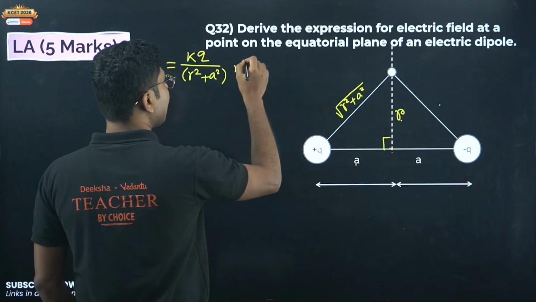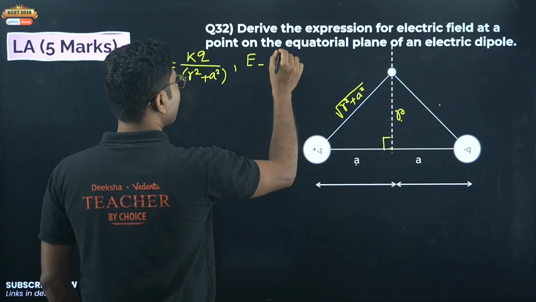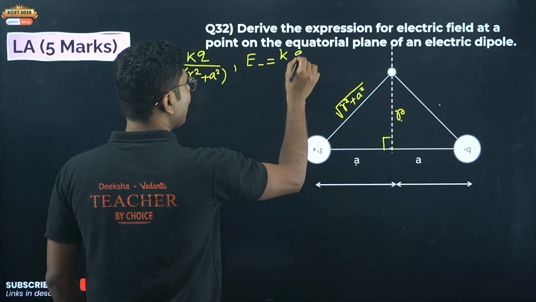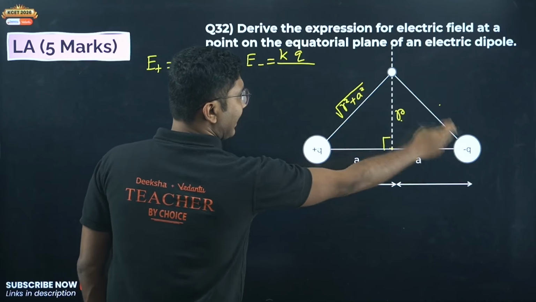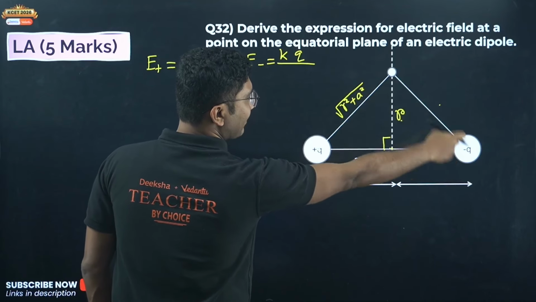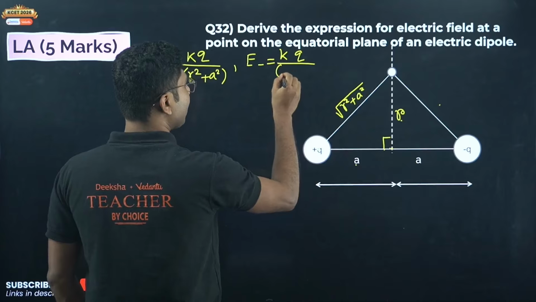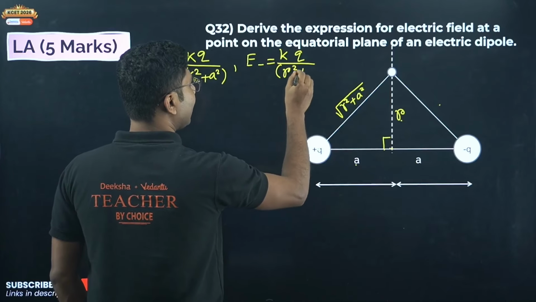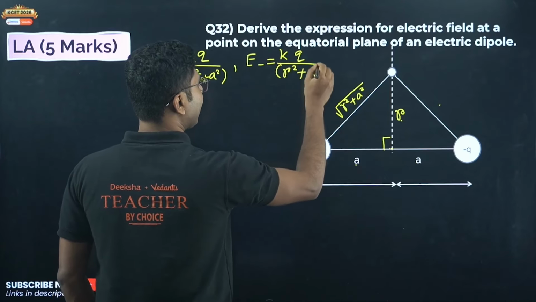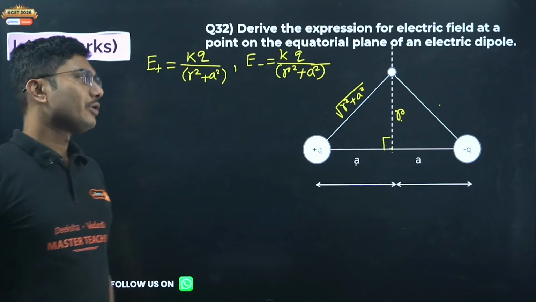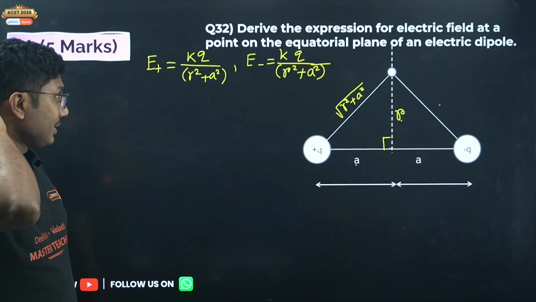What about the negative charge? Negative charge will also be kq divided by this distance square. This distance and this distance are the same, so it will also be r square plus a square. So both distances are the same, so we have put this electric field.